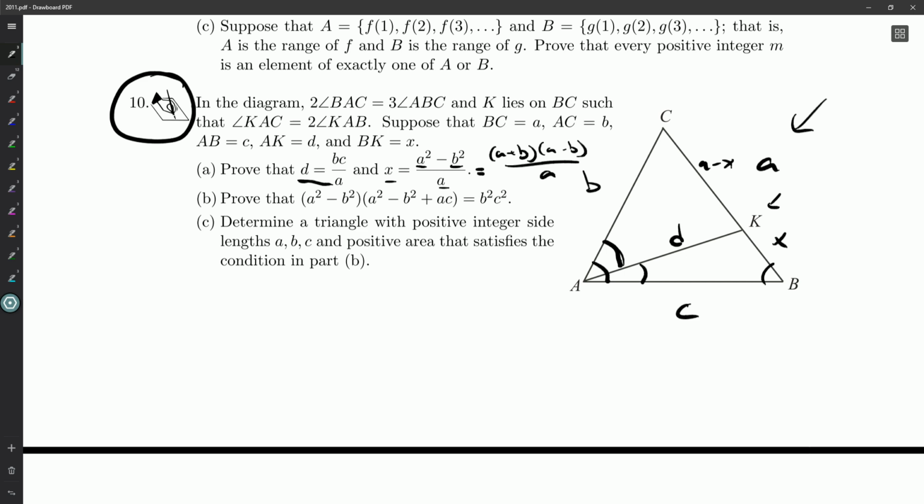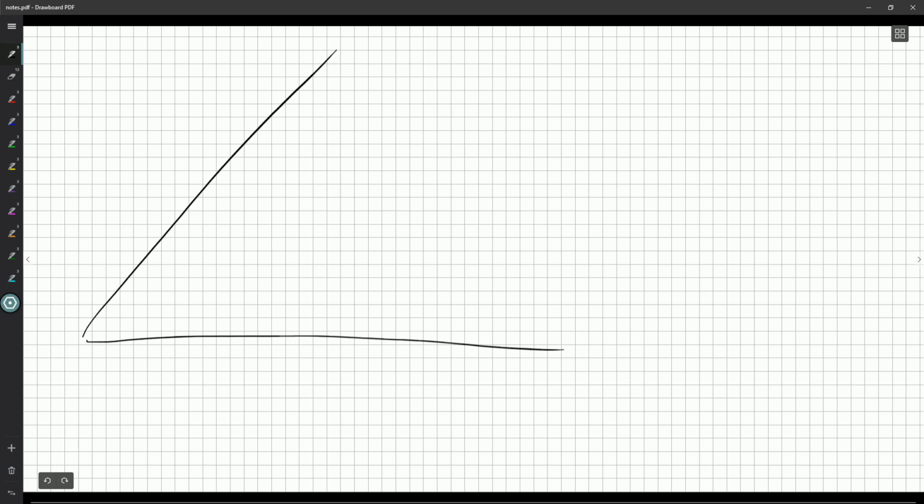Well, let's see what we can see. Now they give us names for the lengths. They don't give us any names for any of the angles. So this one was the smallest one. Let's give it a name like theta. Actually, I should probably letter these things before I get lost.